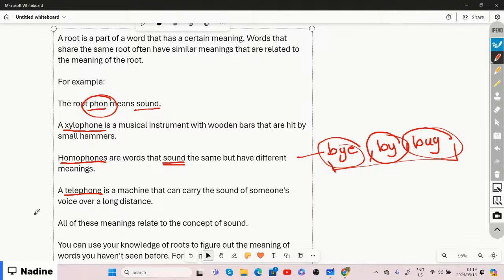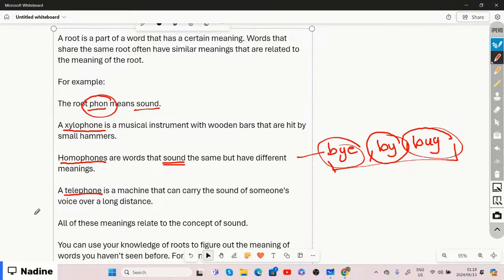Apologize for that. All right, so these words are all surrounded by the root word, which is phone, right? And all of these meanings relate to the concept of sound, because phone is the root word which means sound.